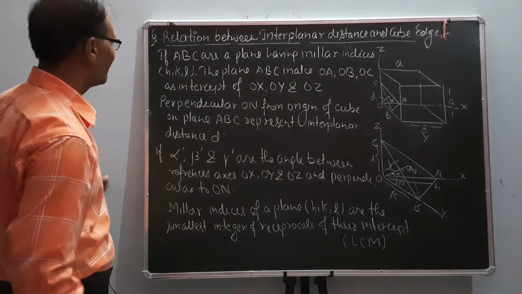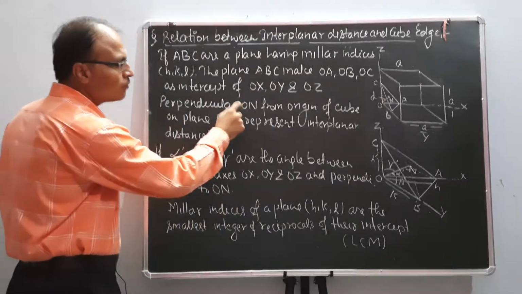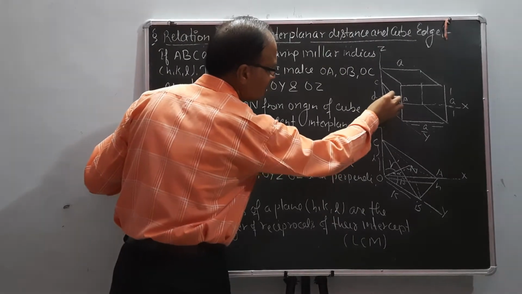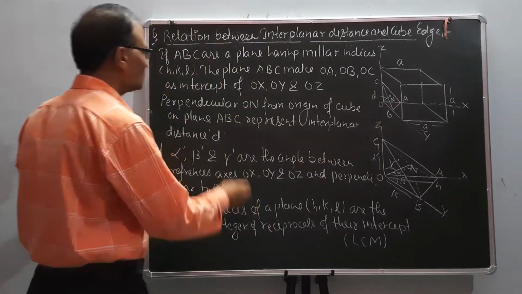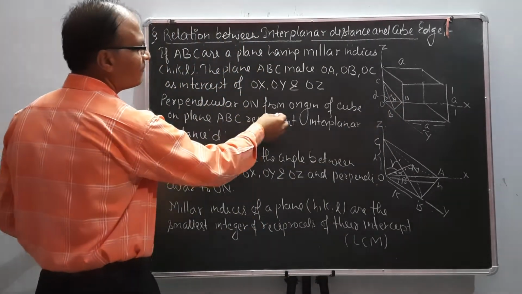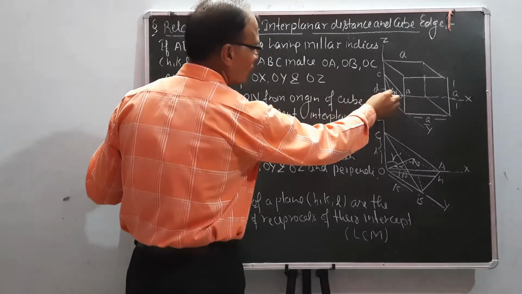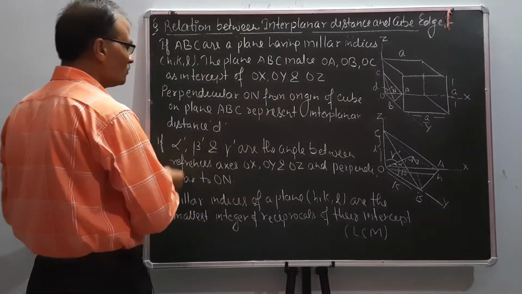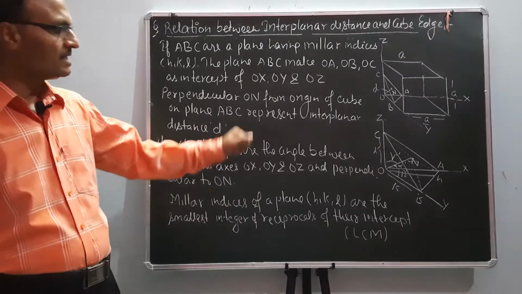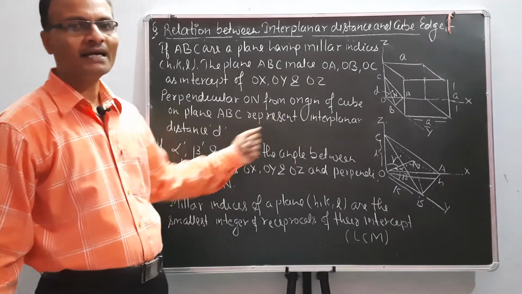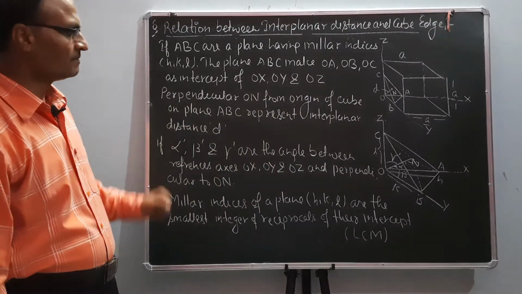This is given in the figure. So, perpendicular ON from the origin O of the cube on the plane ABC represents the interplanar distance, small d.